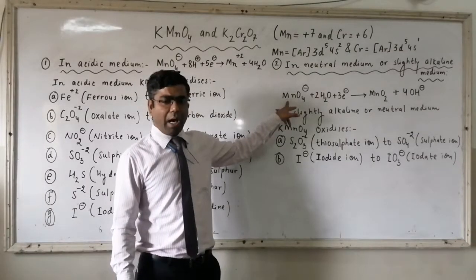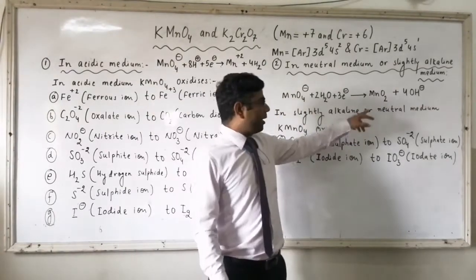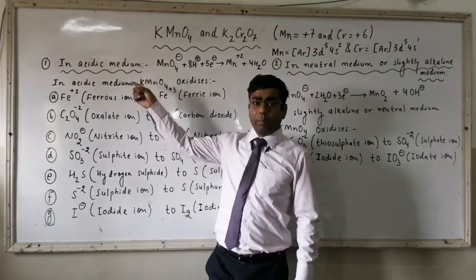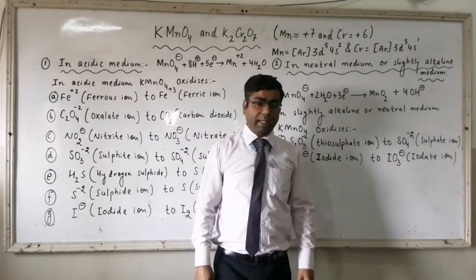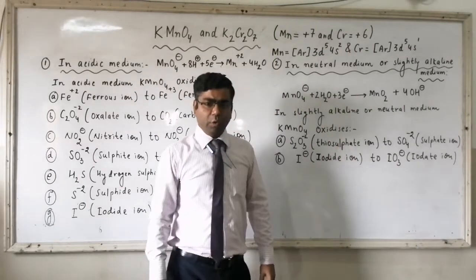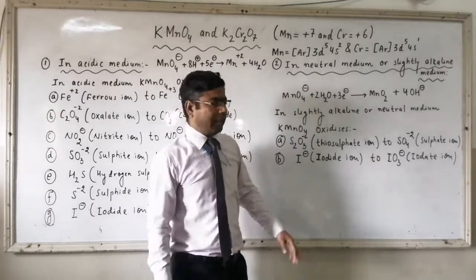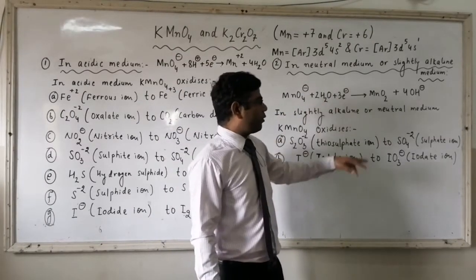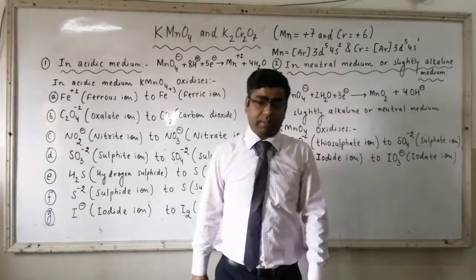Here, the oxidation state for Mn is +7, and here the oxidation state for Mn is +4. Here it was +7 to +2, and here it is +7 to +4. So here the reaction can be written as MnO4- plus 2 H2O plus 3 electrons gives you MnO2 plus 4 OH-.